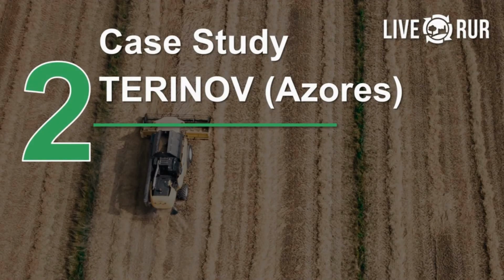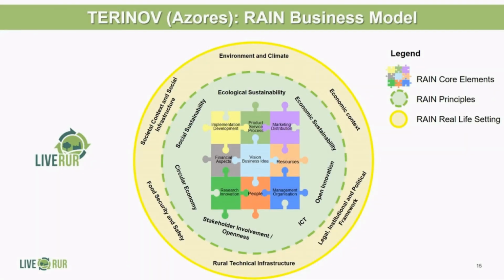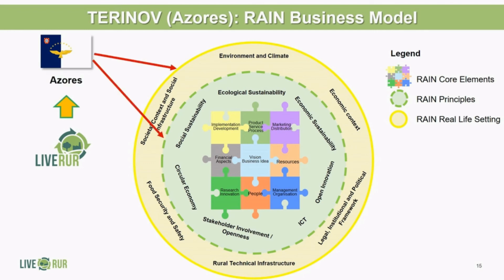To follow up on this example, let's take a look at a summarized version of a complete RAIN business model, this time in the Azores Pilot Living Lab. To create the Azores Pilot Living Lab under the LIVERUR project, it is vital to be considering the Azores real-life setting and the region's characteristics, but also the partners' ability to contribute to the business model.